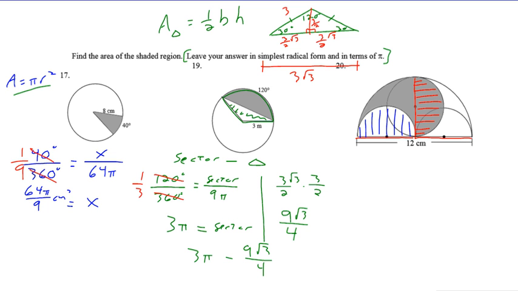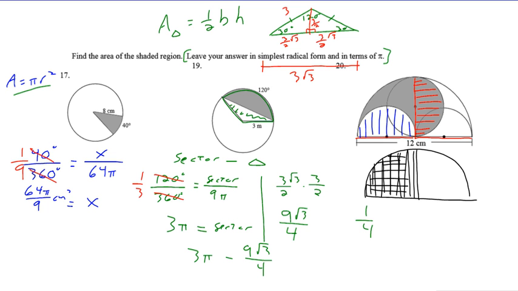If we were to redraw the shaded area with the piece moved around, it would look like this. So what we're actually looking for is just a creative rearrangement of a quarter of the big circle. The big circle being pi times 12 squared, or 36 pi.